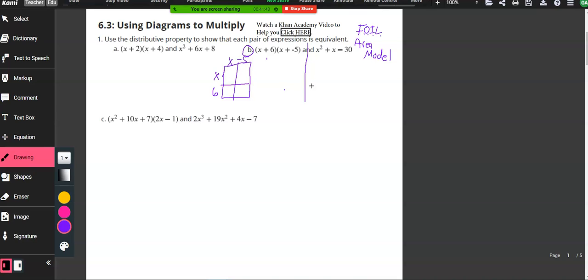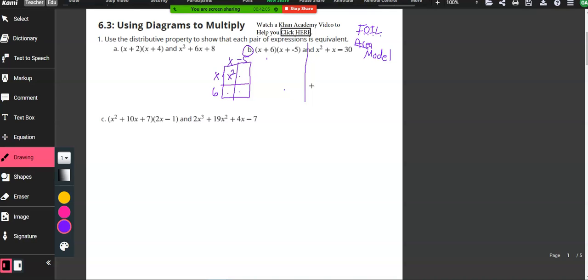And then I multiply here. So to fill out these boxes, these windows, I multiply just like you would finding the area of a square or a rectangle. You multiply the length times the width. So to get this box right here, you would multiply x times x. That would be x to the power of 2.